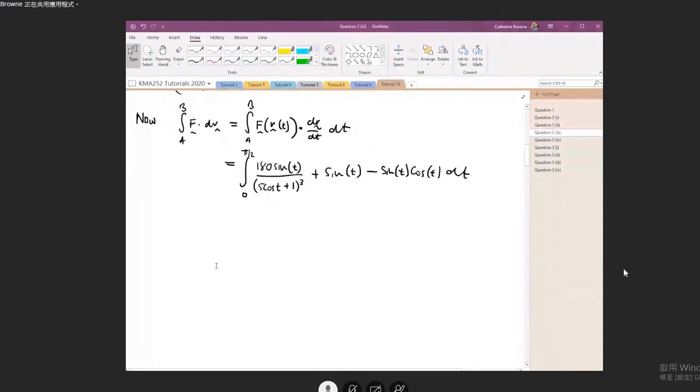And then I actually split that up into 3 parts of the integral.